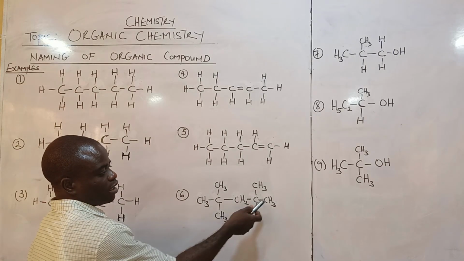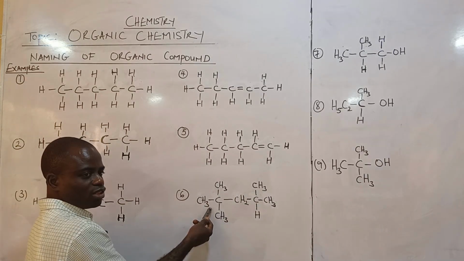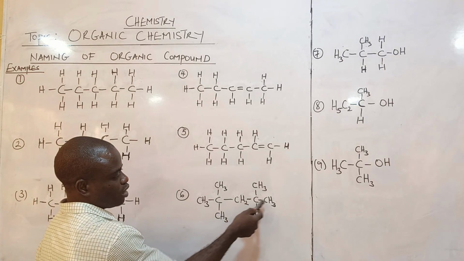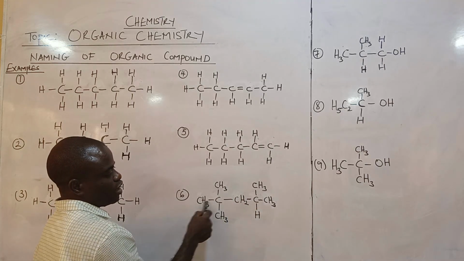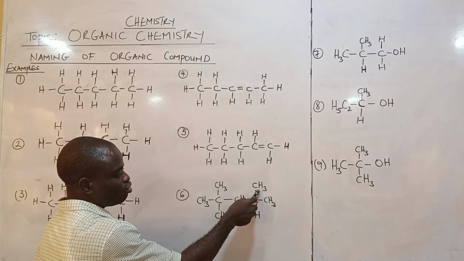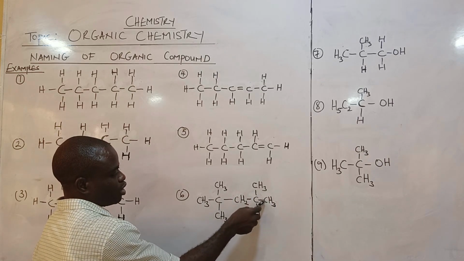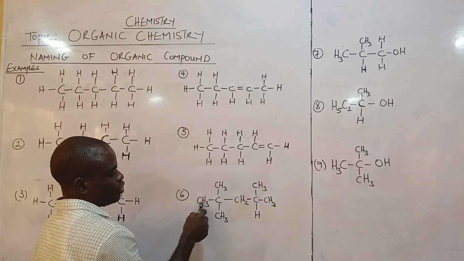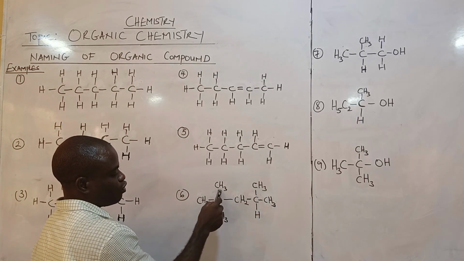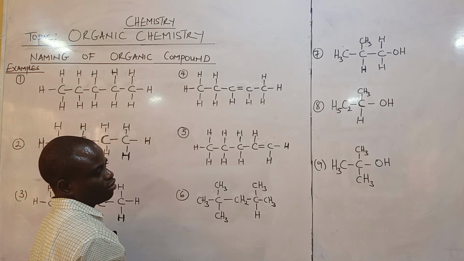If you come through this side, you'll be wrong, because 1 2 3 4 5 will give you 2,4,4, which is very wrong.